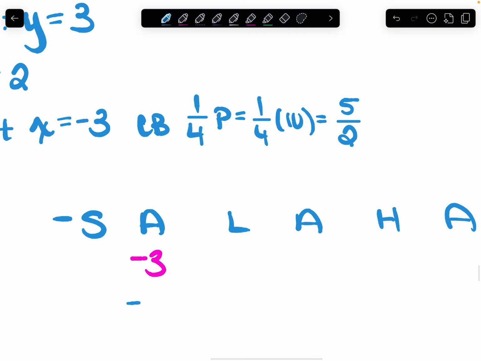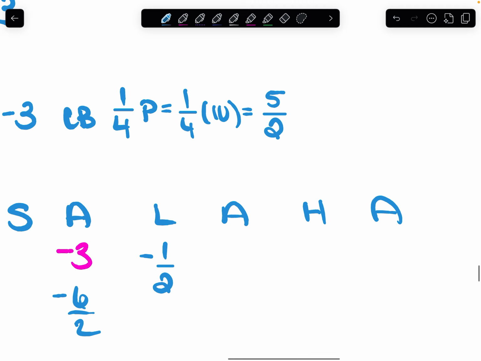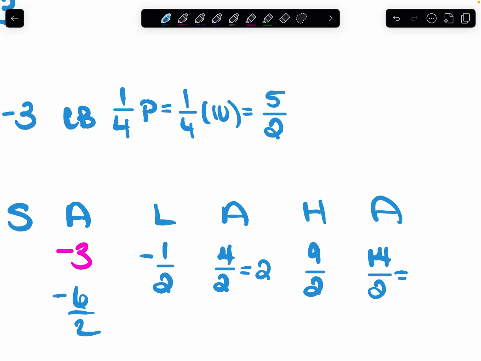That is -6/2. If we add 5, we get -1/2. We add another 5, we get 4/2. We add another 5, we get 9/2. And we add another 5, 14/2, which is 7.